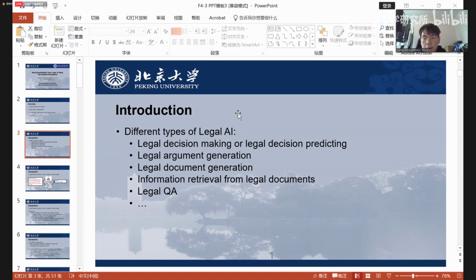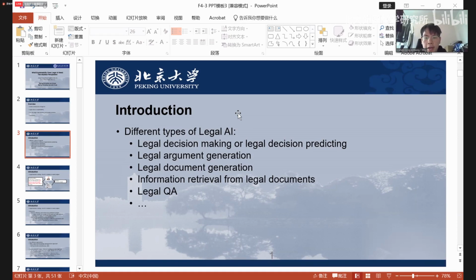So let's first take an introduction to legal AI. Actually, there are many different types of legal AI. The first one is legal decision making, or we can also call it legal decision predicting. It depends on the perspective. If we take the AI as a judge, we call the work legal decision making.